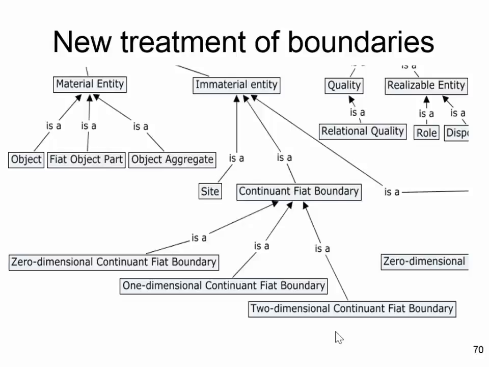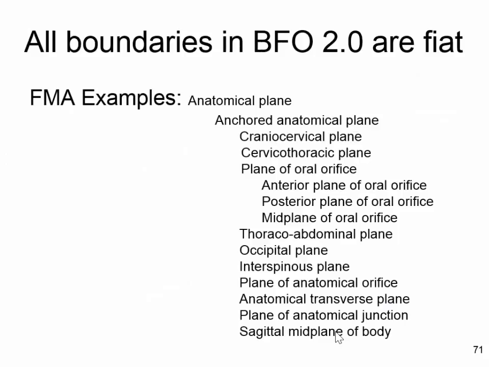And it's very useful for many kinds of data-driven purposes to have one entity, which is the surface of a table, or the surface of somebody's chest through which a surgeon has to make an incision. It's useful to have a word for that. But it's not the physical boundary, it's what we call a Fiat boundary. And I will explain what that means in a minute. So all boundaries in BFO 2 are Fiat.